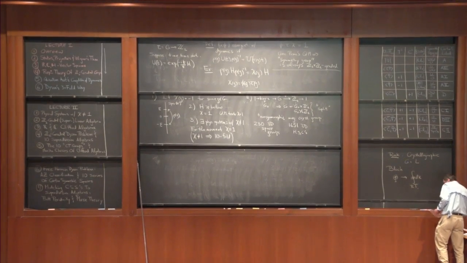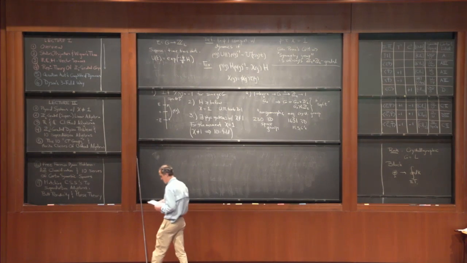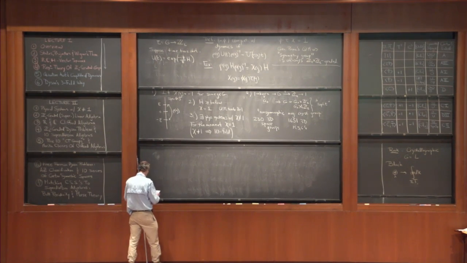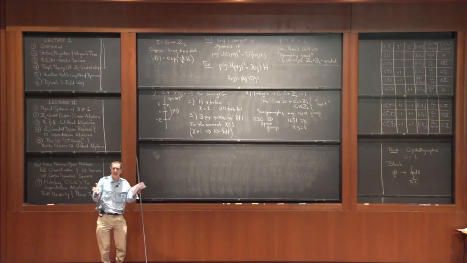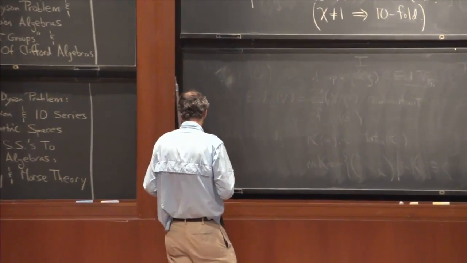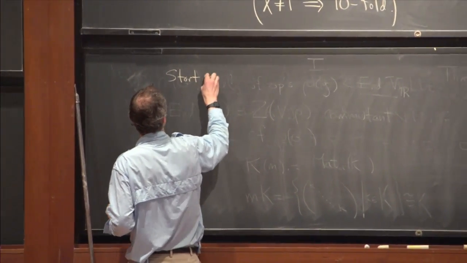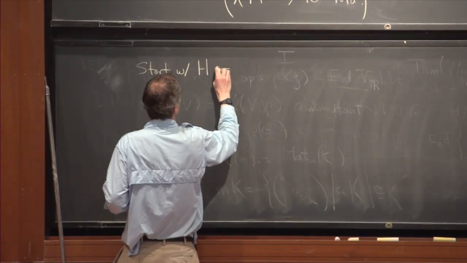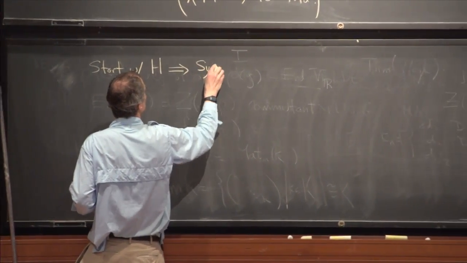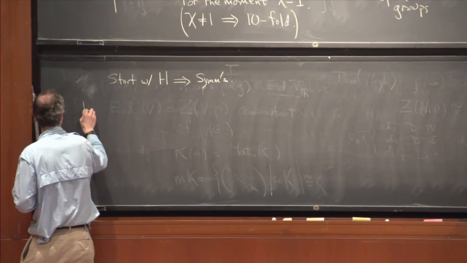Okay, we are now set up to do Dyson's threefold way. As I said at the very beginning of my first lecture, usually we start with a Hamiltonian and we find the symmetries. Dyson turned that around, so I'll call this the Dyson problem.